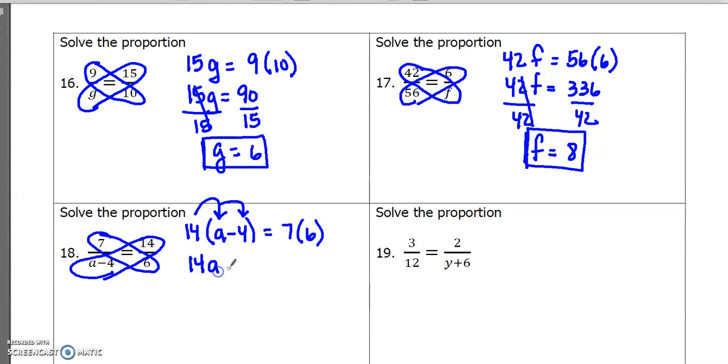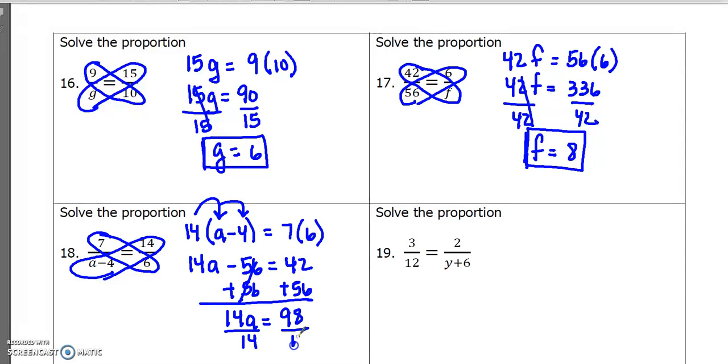So I'll have 14a minus 56 equals 7 times 6 is 42. Add my 56 to both sides. That leaves me 14a equals 98. Divide by 14 on both sides. And so my a is going to equal 7.